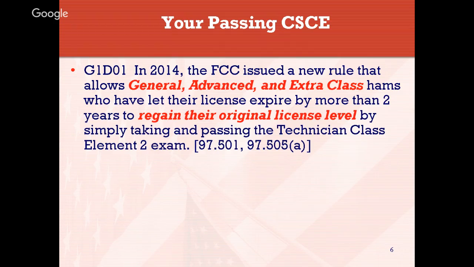Now, I know there was at least one person in the Tech Class examination who had let their license expire for over a 2-year period, and they were a general or an extra class, whatever class license they were before that. All they had to do is take the Tech Class exam, and they are automatically grandfathered in and allowed to regain their original license level, be it general, advanced, or extra.